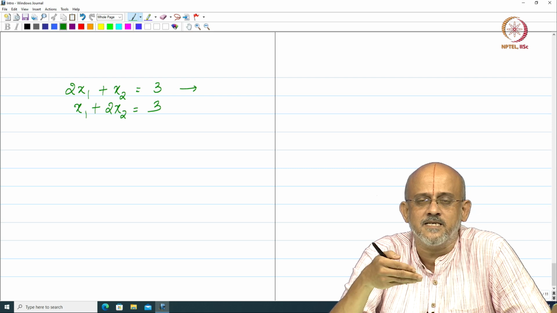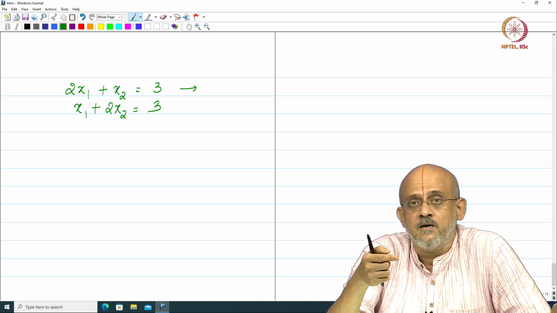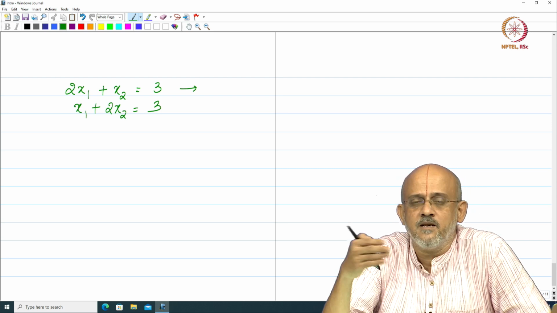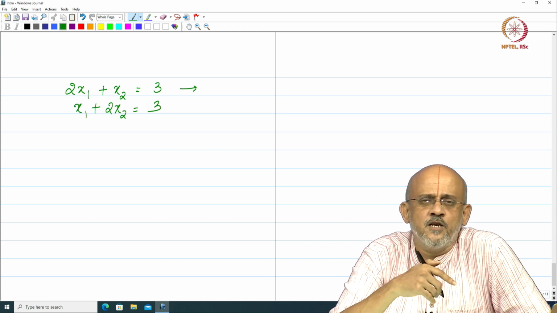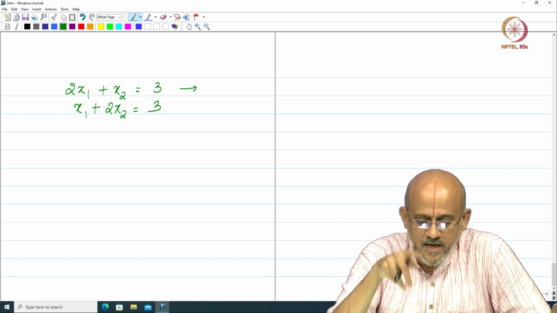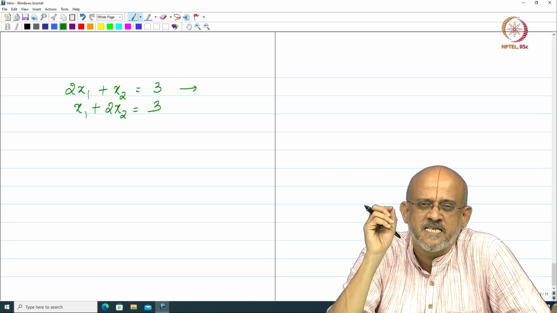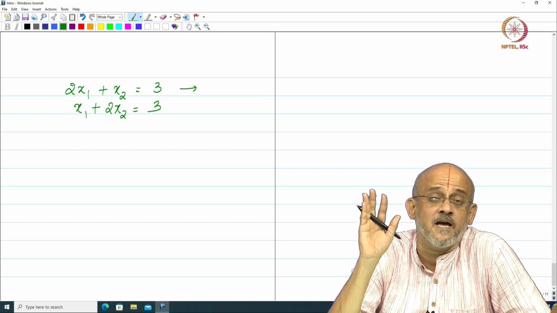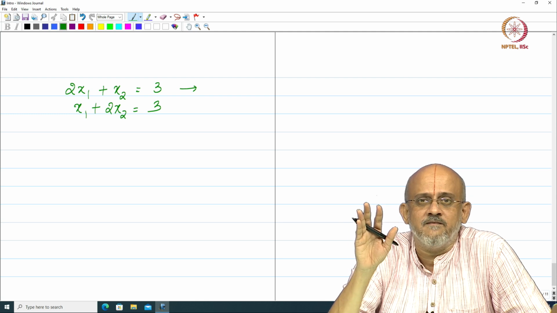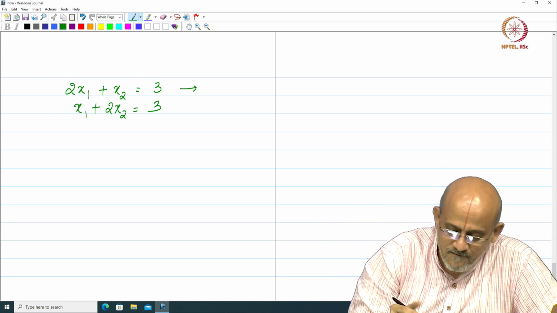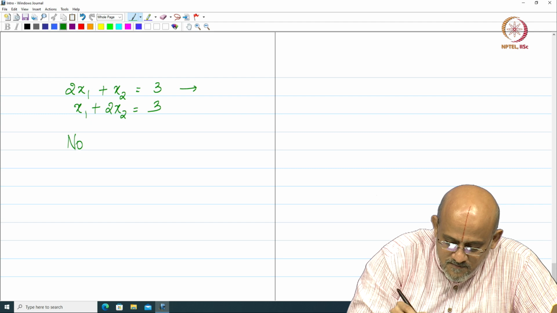Having added the second constraint, I see that, from the infinitely many values that x1 can take and the infinitely many values that x2 can take, there is only one pair x1, x2 which exactly satisfies these constraints simultaneously, which means whenever we say that we have a unique solution, we have no degrees of freedom.